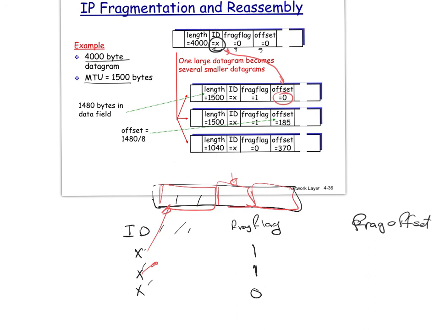So 4,000 here is the payload length, and as we said, the payload length includes the length of the header plus the data. So what is the length of the data?